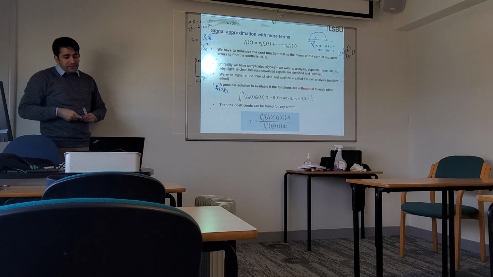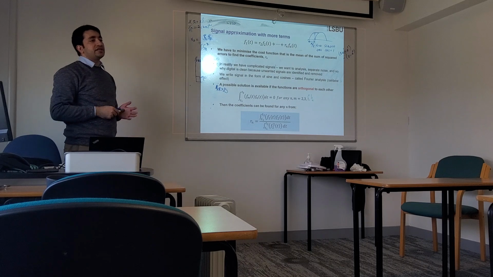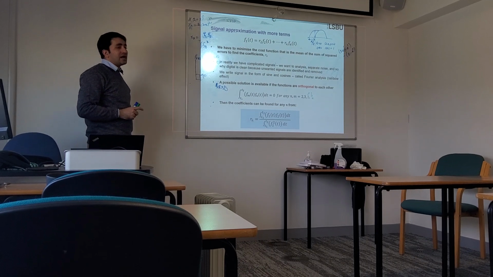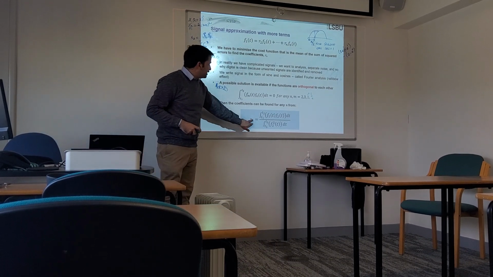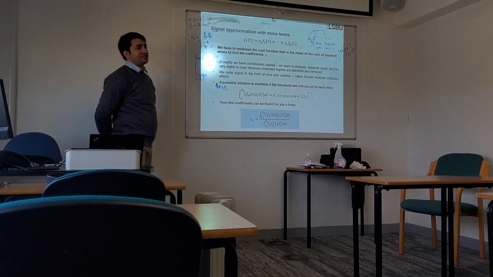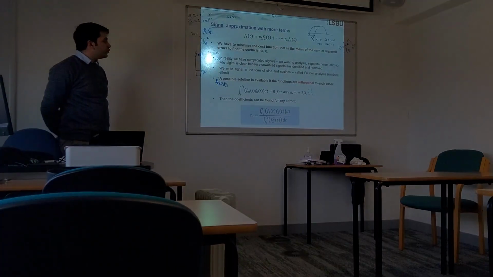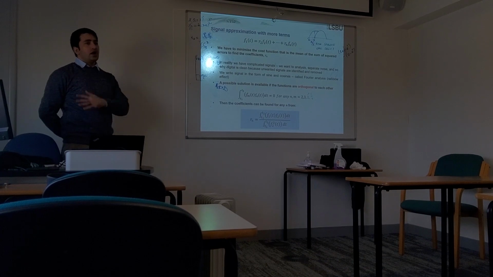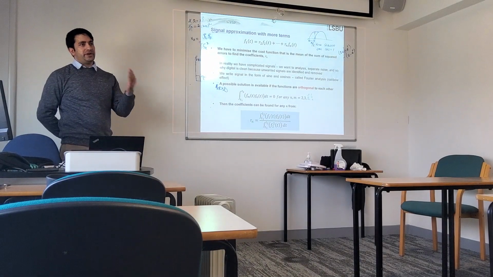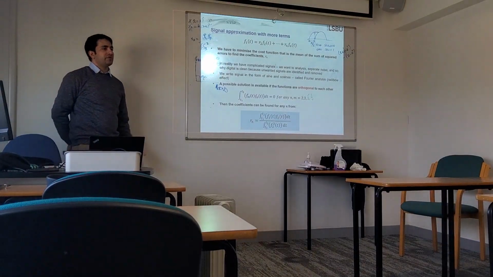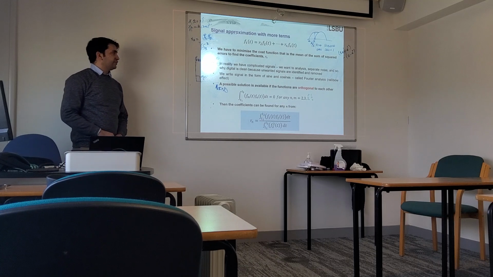So we say that if these two signals are orthogonal, then our problem becomes easier, and we can simply find the coefficient again using the same formula and iterate it with the n's. For example, n equals 1, 2, 3, however many functions we have, we can iterate with those functions.